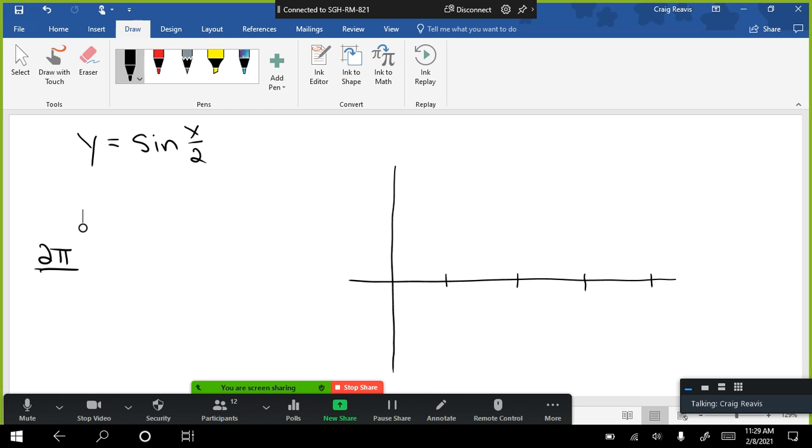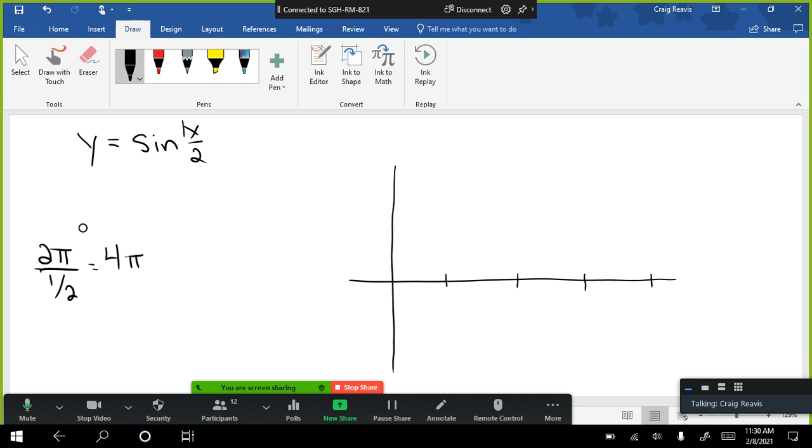Now, what is b in this one? Well, there is an understood 1 in front of the x, so wouldn't we say that the b value is 1/2? Then I'm going to simplify this. 2 pi divided by 1/2 is the same thing as 2 pi times 2 over 1. So our period, and I'm not going to use degrees, I'm going to go straight radians, is 4 pi. So to go through one cycle, it takes 4 pi.